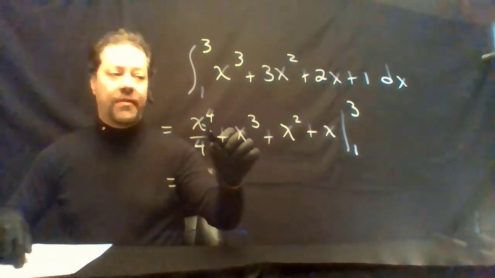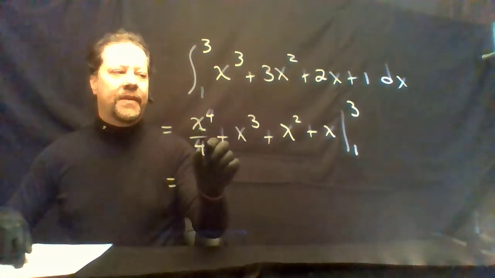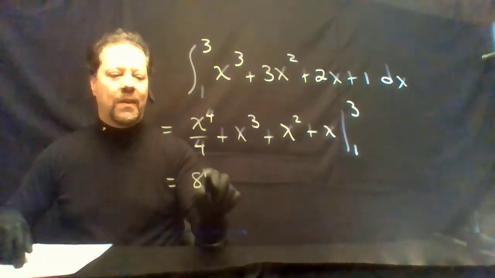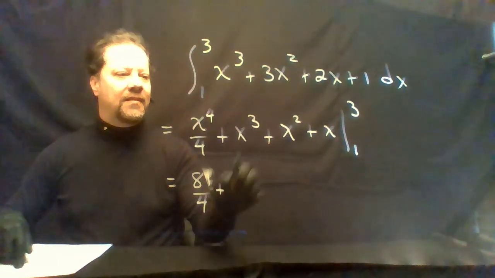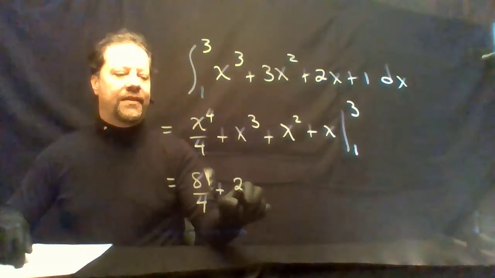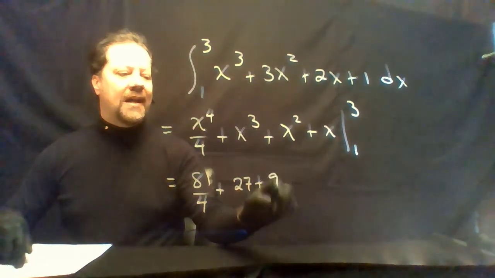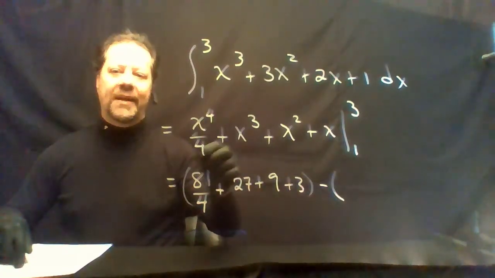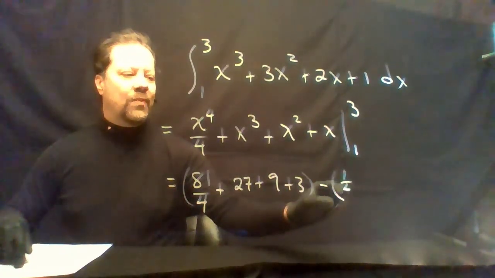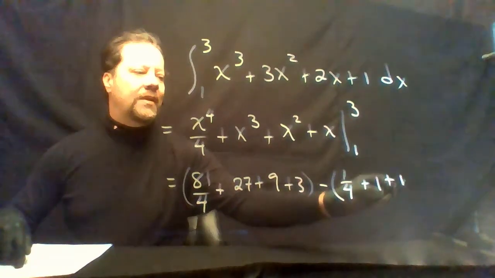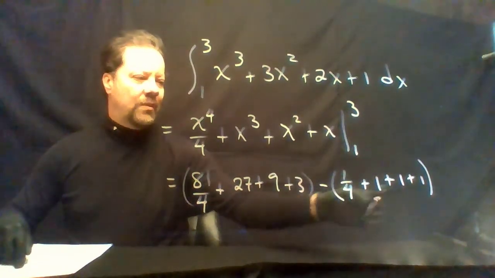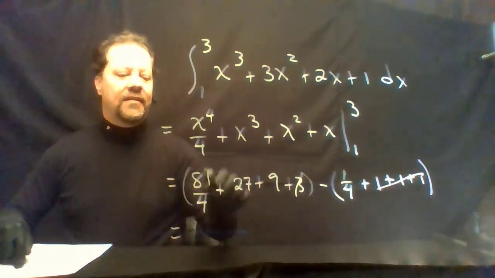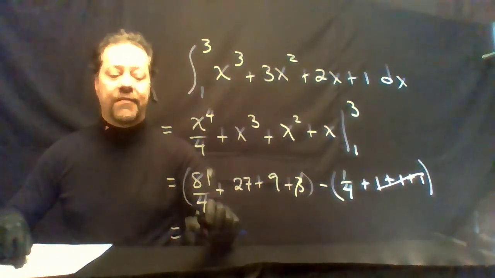You plug in the 3 first. 3 to the power 4, well 3 squared is 9, and square that, you get 81. 3 cubed is 27. 3 squared is 9, plus 3. We subtract what we get when we plug in 1. That's 1/4, plus 1, plus 1, plus 1. 1 plus 1 plus 1 is 3. We're subtracting that from 3. 81/4 minus 1/4 is 80/4, which is 20.